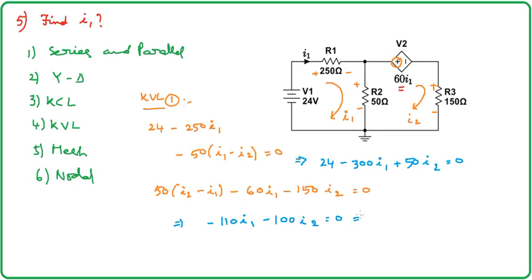So with this I can conclude that 110 I1 is equal to minus 100 I2, so 11 I1 should be equal to minus 10 I2.